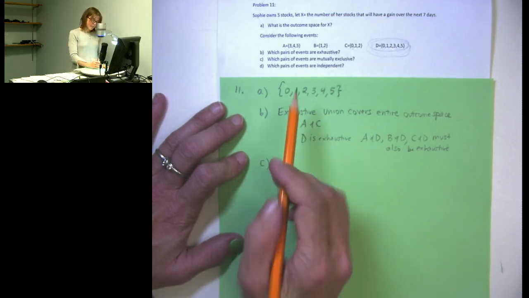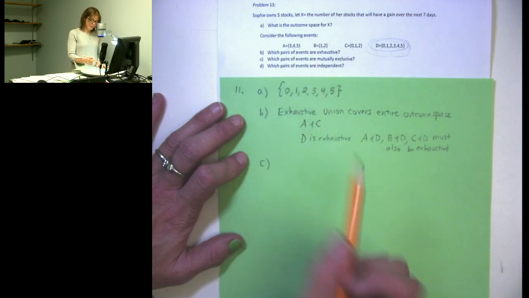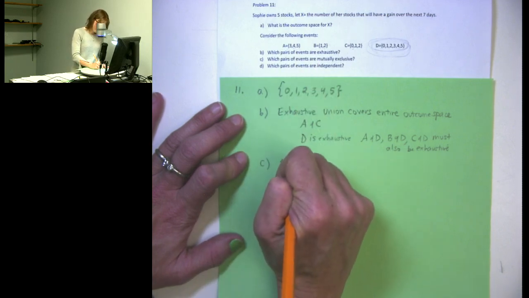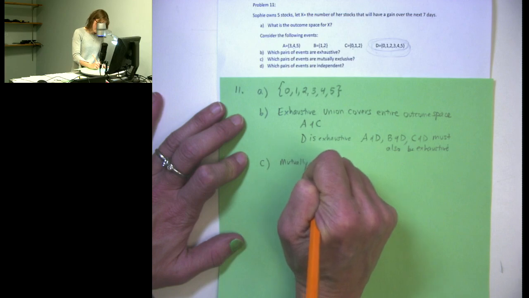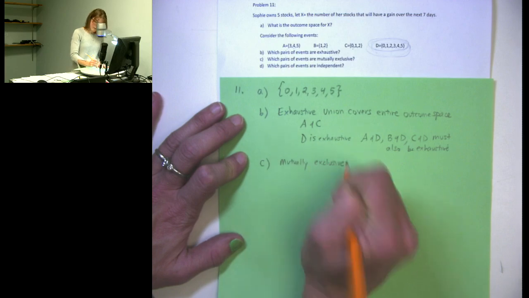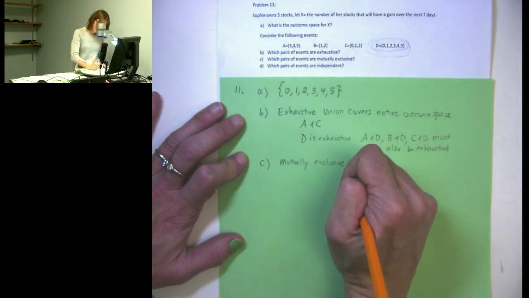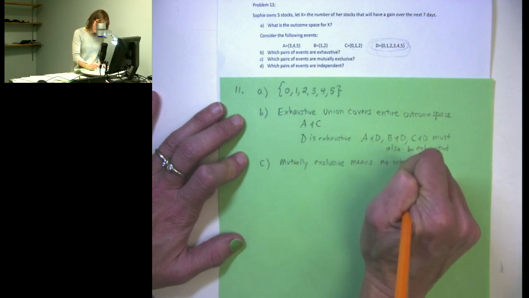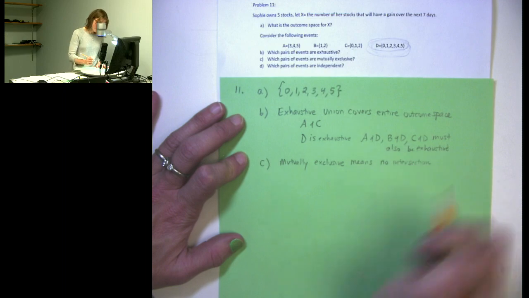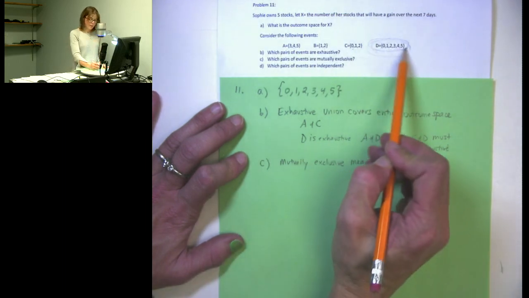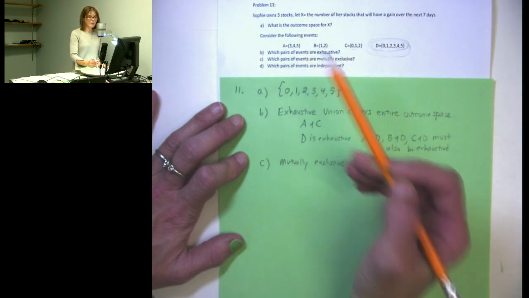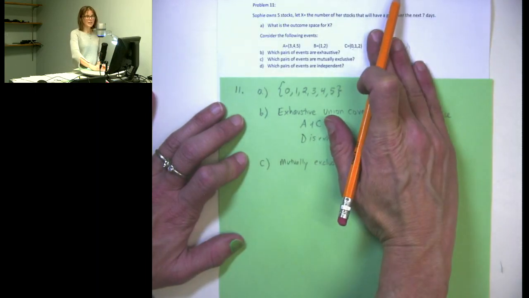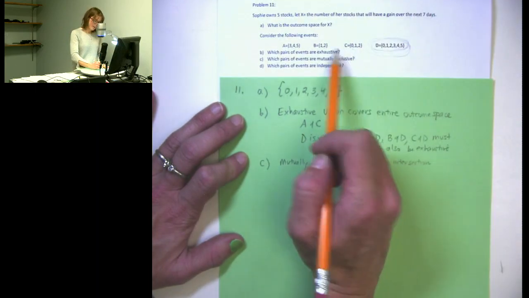Part C asks which events are mutually exclusive. Mutually exclusive, remember, means that there's no intersection. So right away we can see D intersects with all of the other events, so that's not going to be in any of our mutually exclusive pairs.